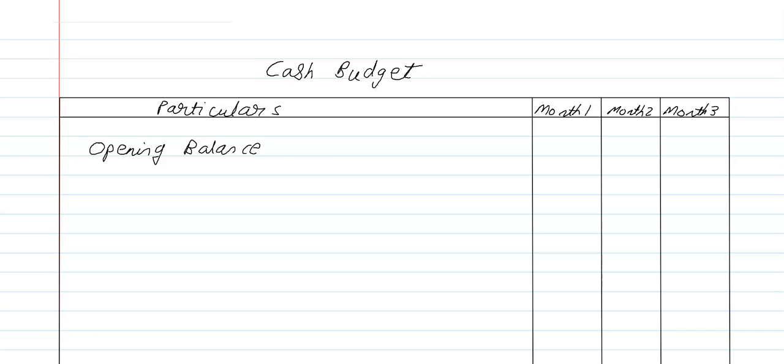And then we think about sources of cash or cash inflows. So we can put them under the title receipts. So under receipts, think of how a business receives money or gets money.